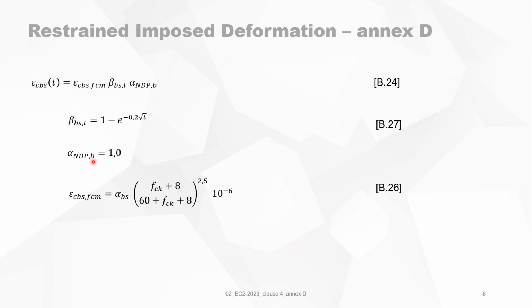And then FCM is the mean compressive strength of concrete, which is equal to FCK plus 8. It's also a formula depending on a coefficient, and this coefficient is dependent on the class of cement: the rapid cement, the neutral one, and the slow one. So then you have different values, alpha BS.